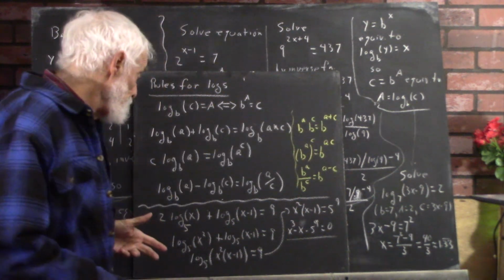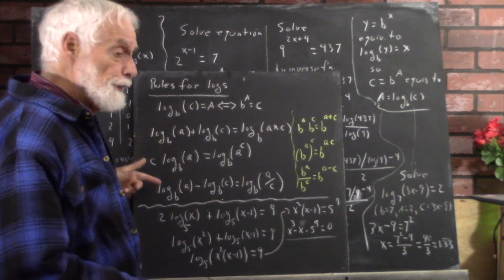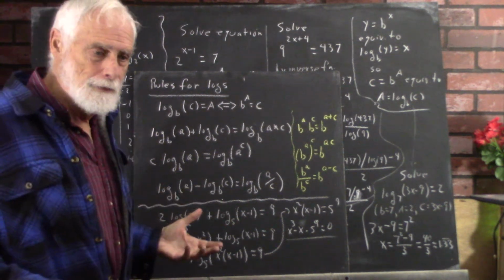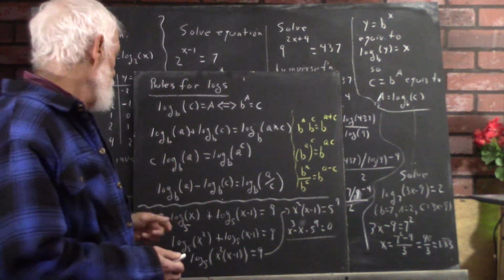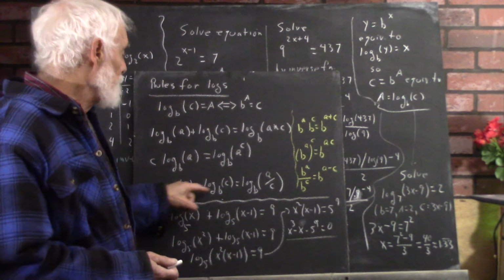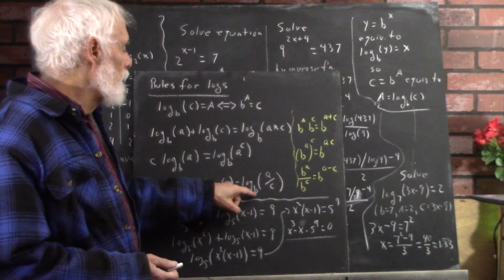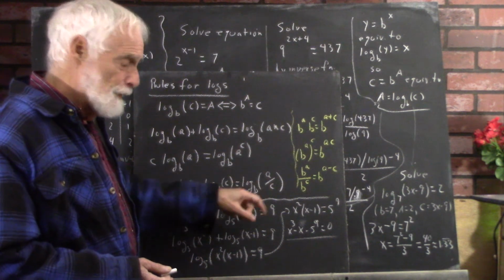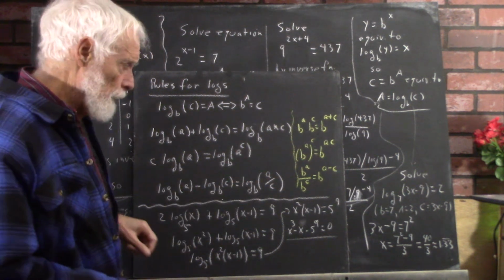Now another one that's really just a consequence of these two, and you don't really need it, but it's okay to have it, and it's kind of convenient. Log base b of a minus log base b of c, you take the log base b of a divided by c. You get choked up talking about logarithms.